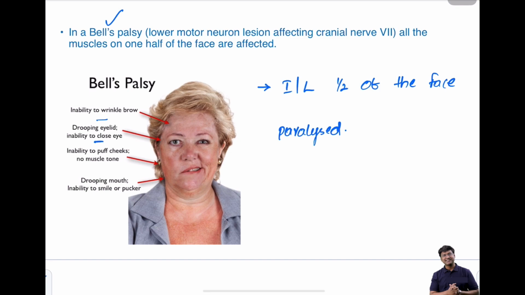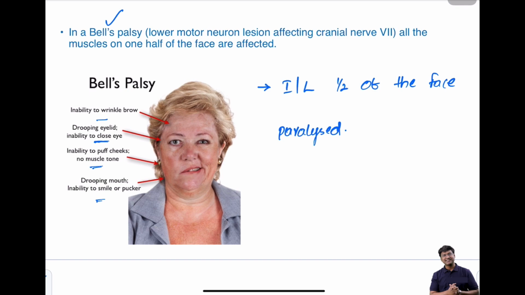There will be drooping of the eyelid and inability to close the eyes, due to paralysis of the orbicularis oculi muscle, and inability to puff the cheeks because the buccinator is paralyzed. Drooping of the mouth and inability to smile or pucker is because of paralysis of the orbicularis oris.